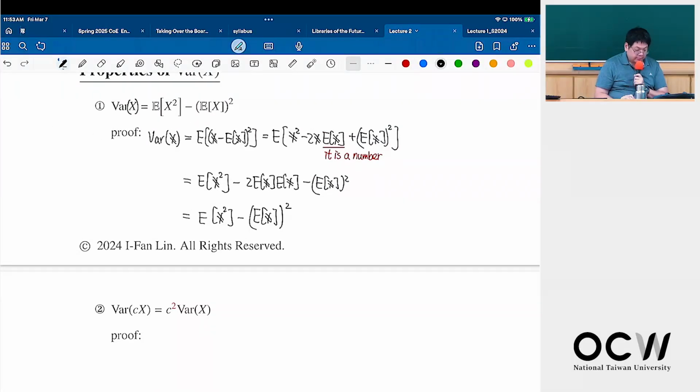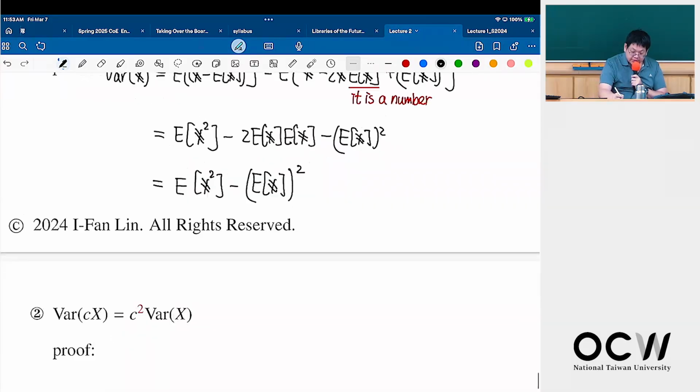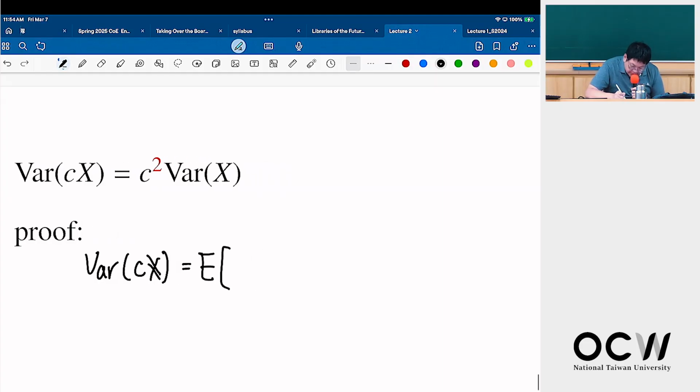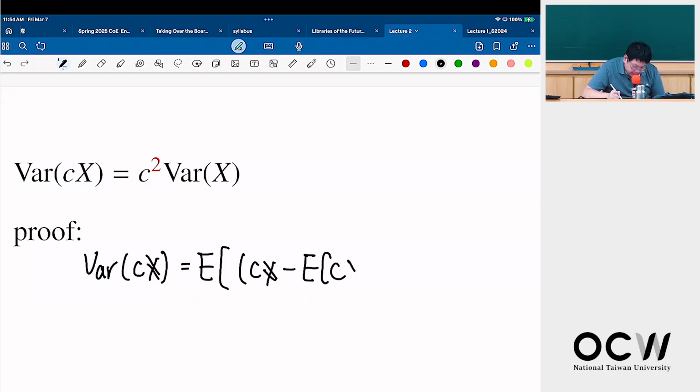If I have a constant, then the variance will become the constant squared times the variance. Again, we can use the definition. The variance is Cx, the variable, minus its mean, squared.